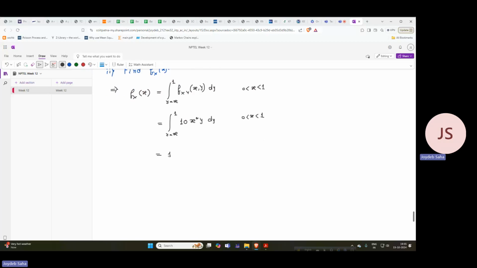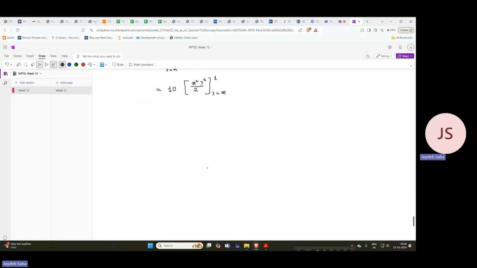This 10 we can write outside. So it is x square y square upon 2, with y from x to 1. The limit is the same for x.